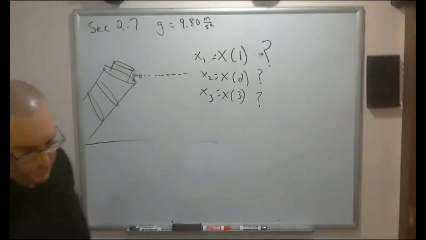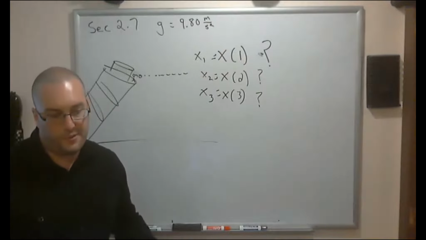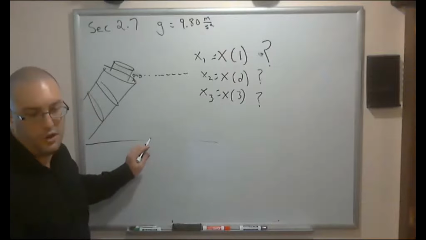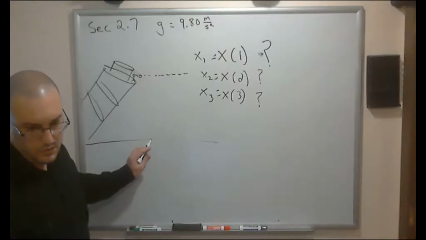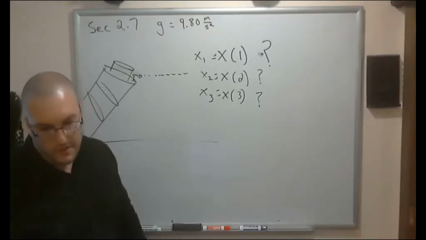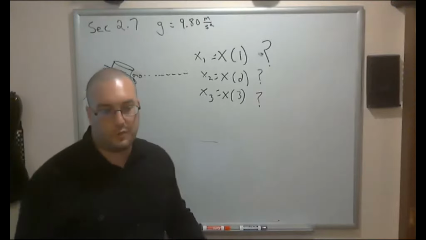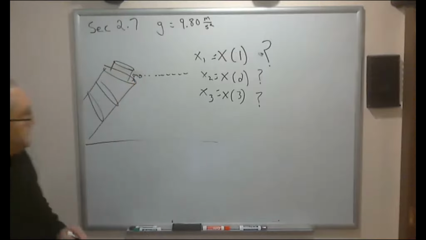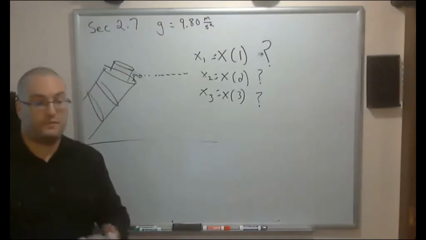So what should we use as our 0? How should we set up our coordinate system here? What's convenient? Which way is positive and which way is negative?